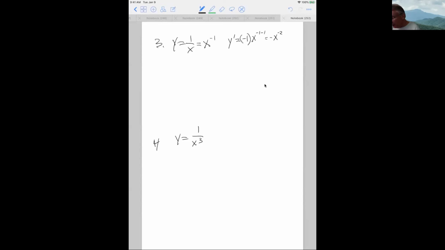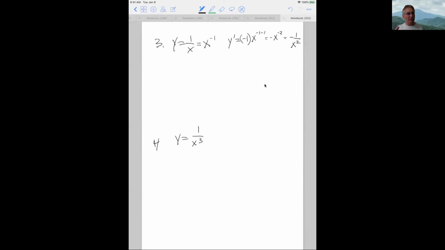And I said no negative exponents, so we've got to get rid of it by taking it back downstairs. So we've got negative 1 over x squared. Notice what happened.